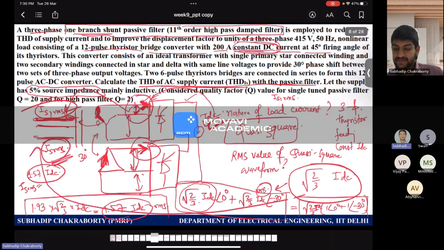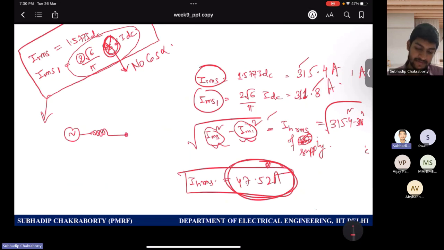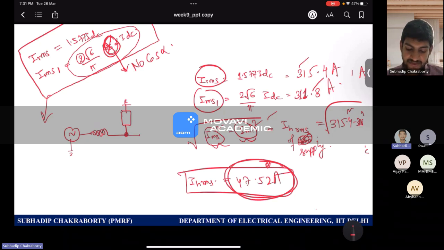So I draw the source impedance, and after that I have this filter. This is the single line diagram that I'm drawing. This has some own impedance. This is also the return path. After this you have the load, and this is also the return.